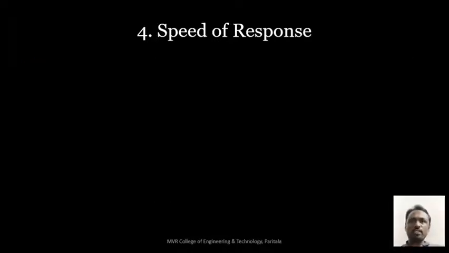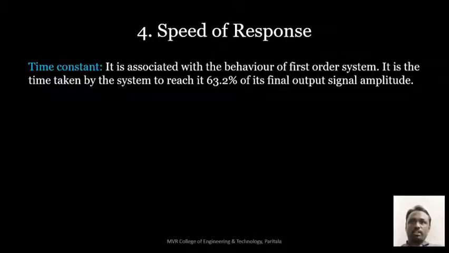The first one is time constant. It is associated with the behavior of the first order system. It is the time taken by the system to reach 63.2% of its final output signal. If you consider the under-damped system response, there will be oscillations and thereafter it will reach the final value, as you know from control systems.